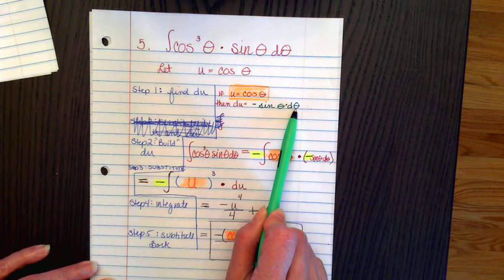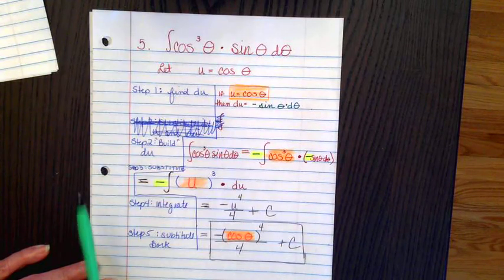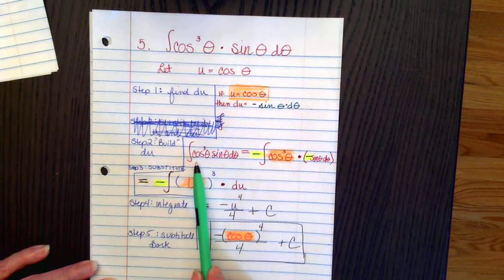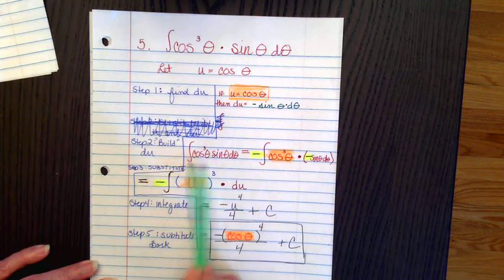And then we need to build this du from what we have. We started with cosine cubed theta times sine theta, and if u is cosine, then cosine theta cubed is u cubed.